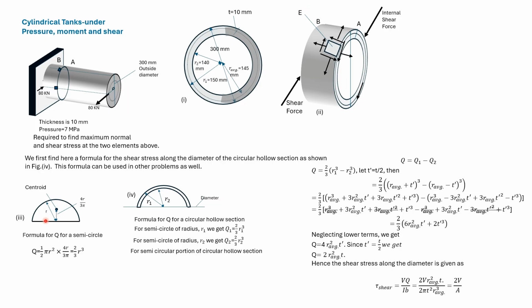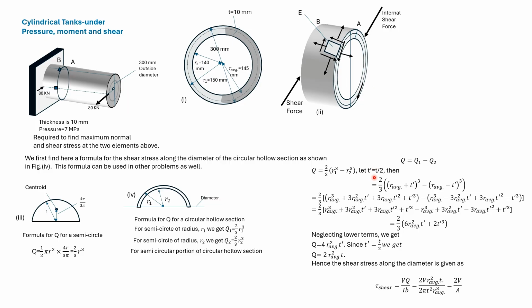So for a semicircular case, this is the area and the distance of the centroid is 4r by 3 pi. So we get Q as 2/3 r cube. If we consider this case as two semicircles, then we get Q1 is 2/3 r1 cube and Q2 is 2/3 r2 cube. Q for the semicircular ring is Q1 minus Q2, which is given by this expression.